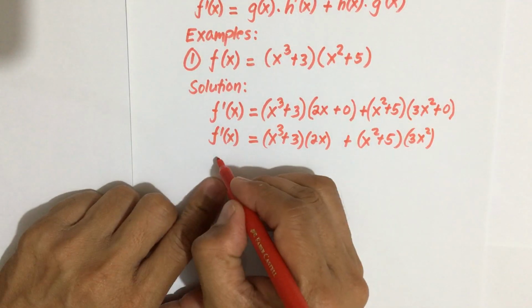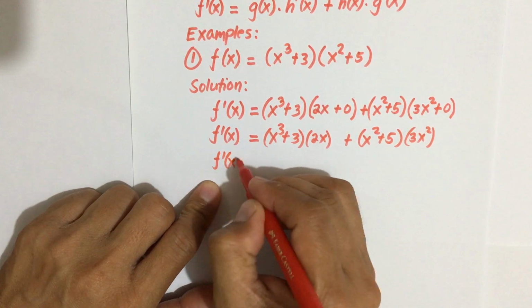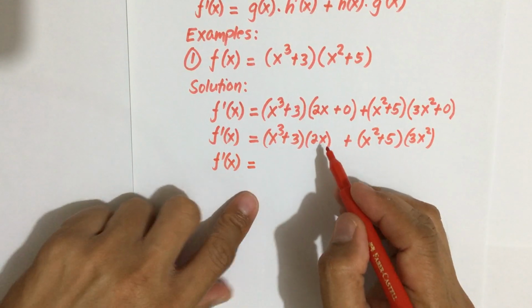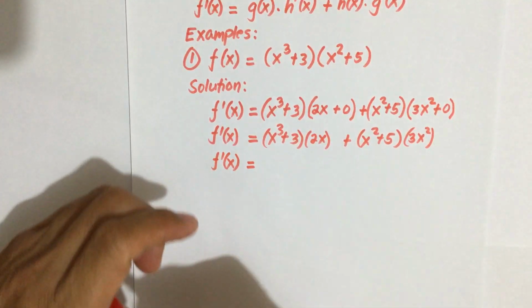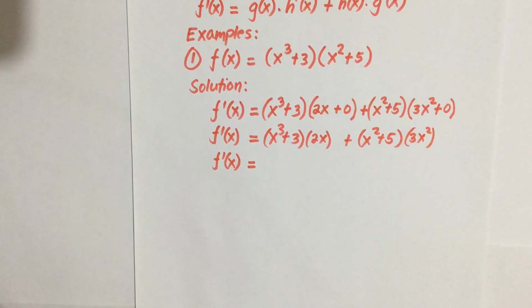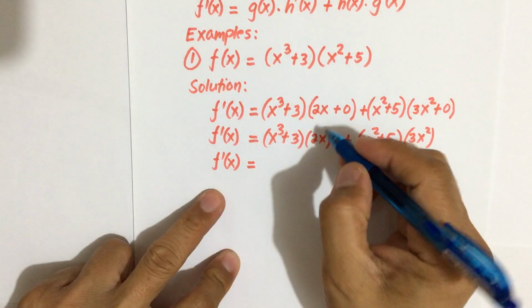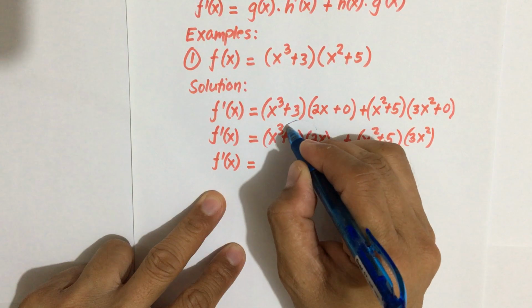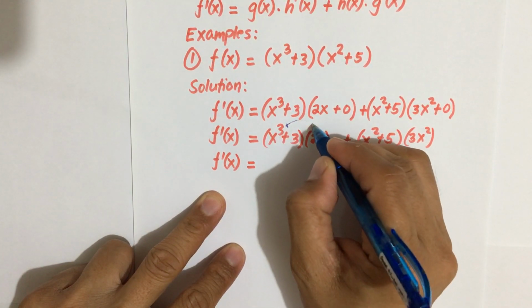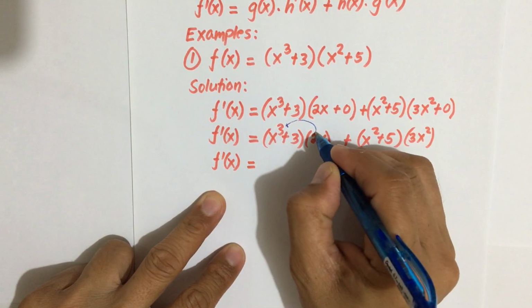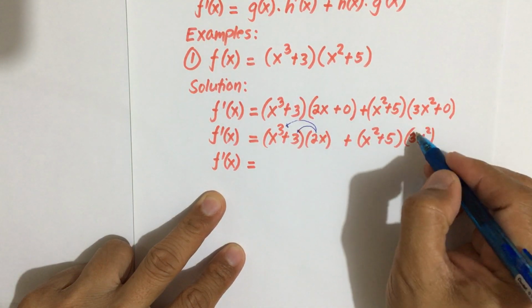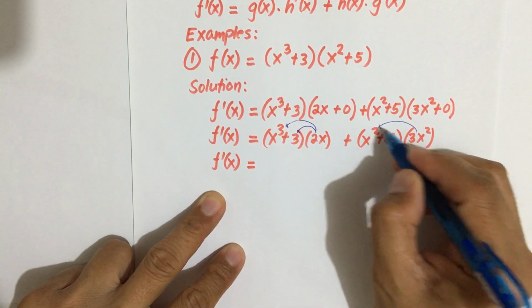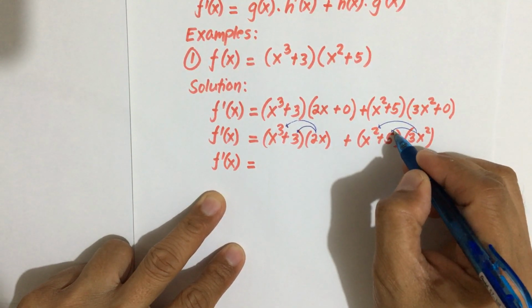So f prime of x is equal to, so you can distribute and multiply. We can distribute 2x and multiply to its terms. Similar to this one, you also have to do that. So multiply.